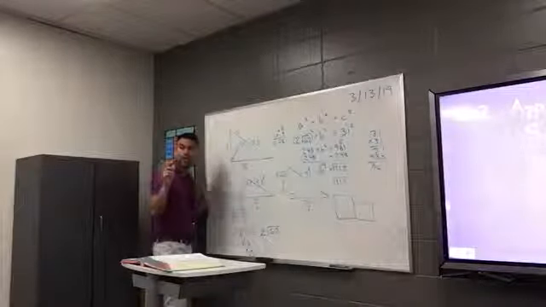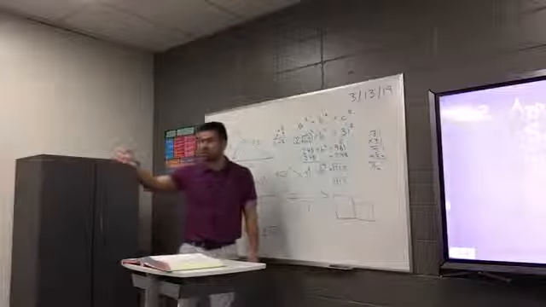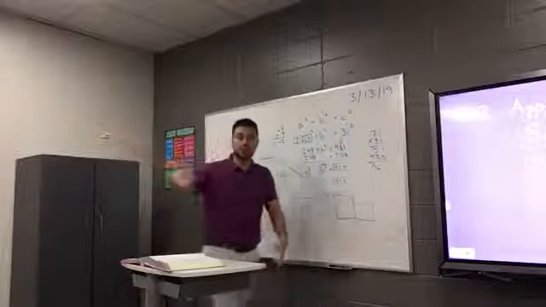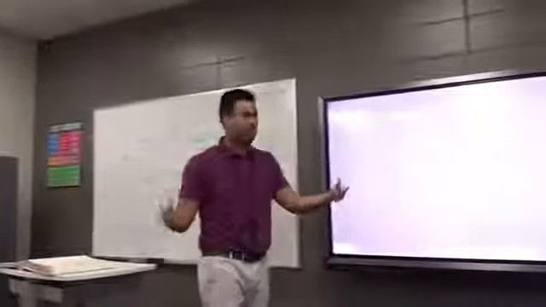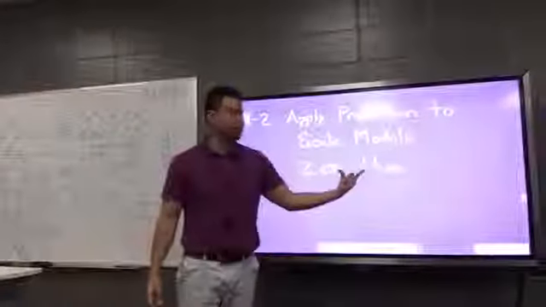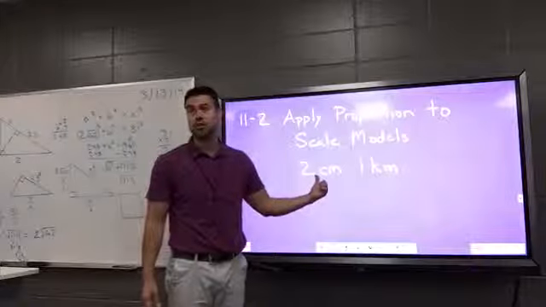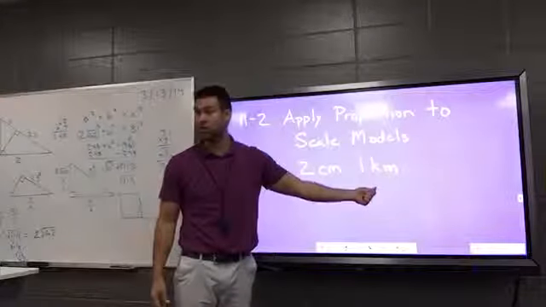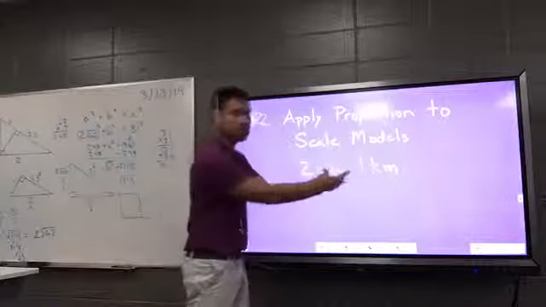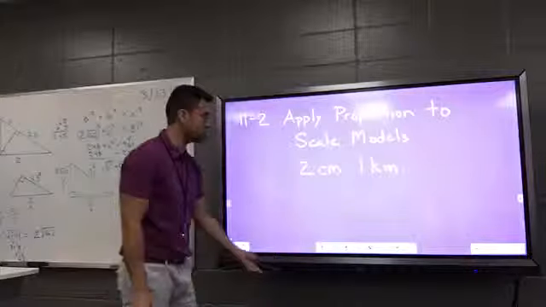Well, maps. Do you guys use maps at all? I do. Miss Burrow's room, if she has a map, I'm guessing, right? And there is a scale there. It's not 2 centimeters to 1 kilometer per se, but it might be like 1 inch to 500 miles. I want some of you to find that out when you get the chance.